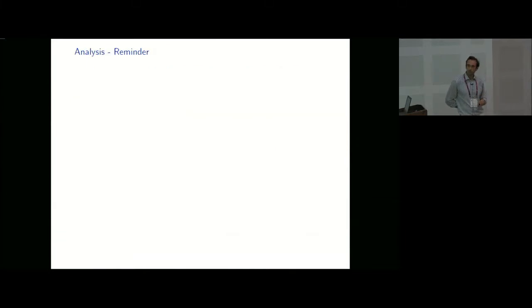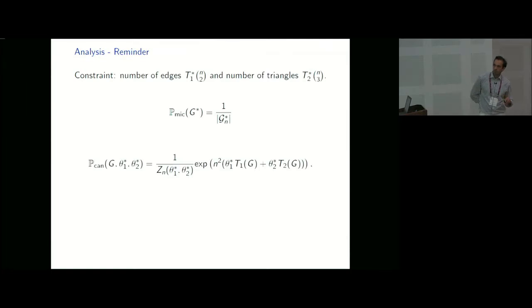And to go back to the canonical ensemble, we had this expression: T1 is the edge density, T2 is the triangle density, and θ1 star, θ2 star are the specific choices of the free parameters that realize this constraint on average.